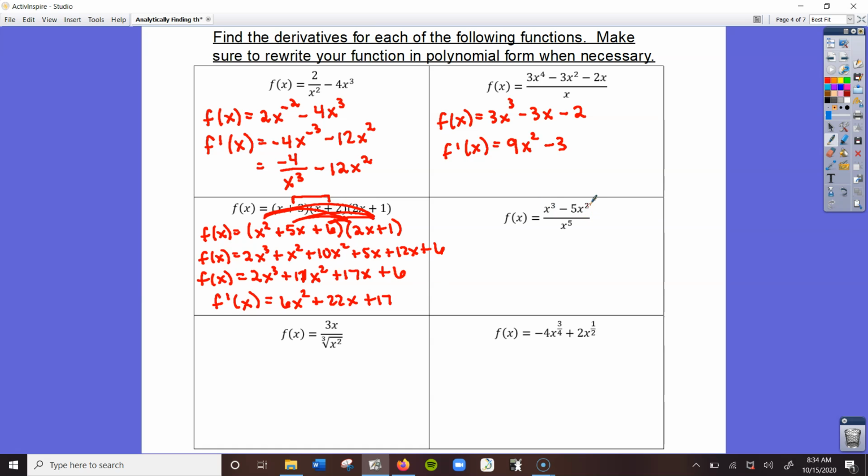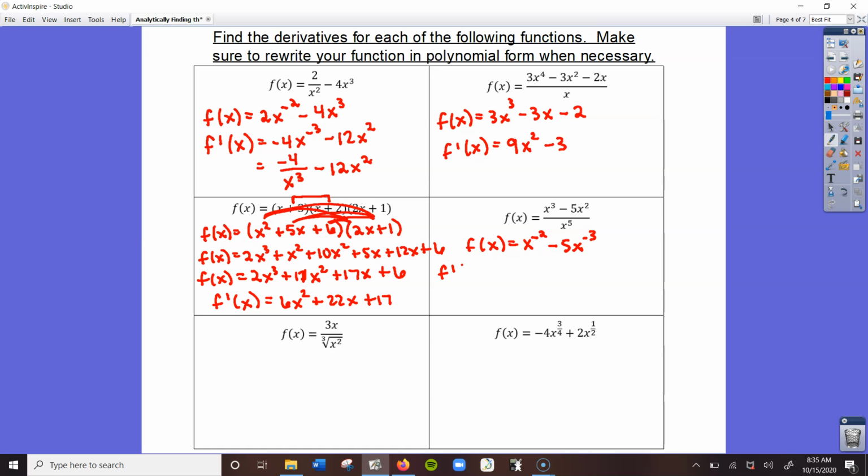This next one here is very much similar to the one that we did right above. We would have to divide every term in the numerator by x to the fifth, which again, we would just subtract those exponents. So f of x would equal x, and then 3 minus 5 is negative 2, minus 5, and then 2 minus 5 is negative 3.